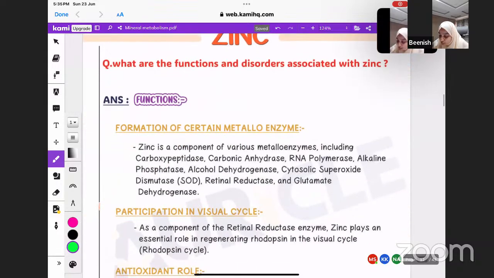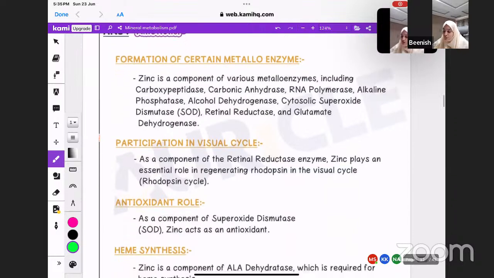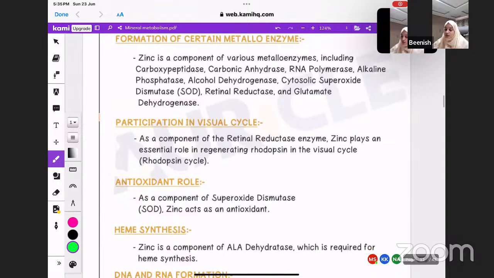Now moving forward to the next mineral, that is zinc. So let's talk about the functions and the associated disorders with zinc. Formation of certain metalloenzymes.